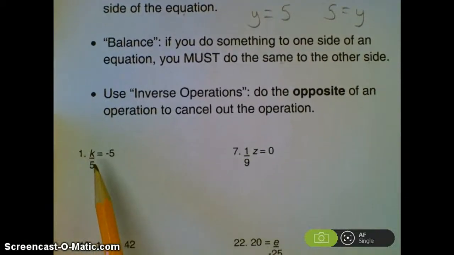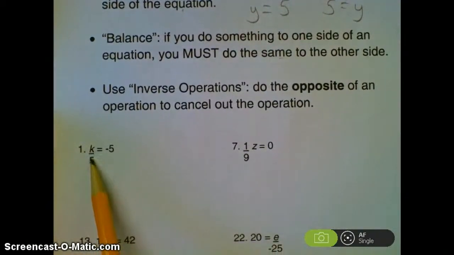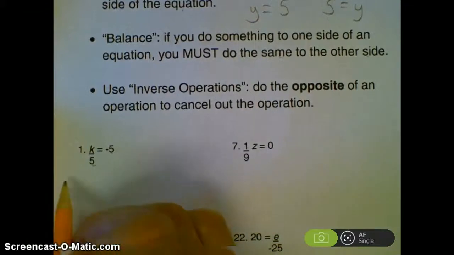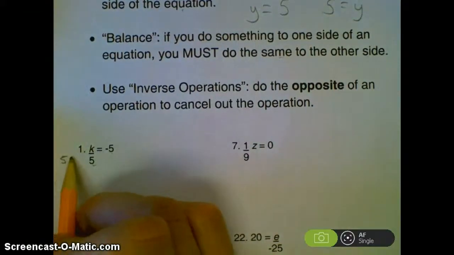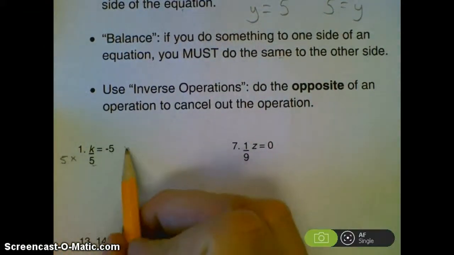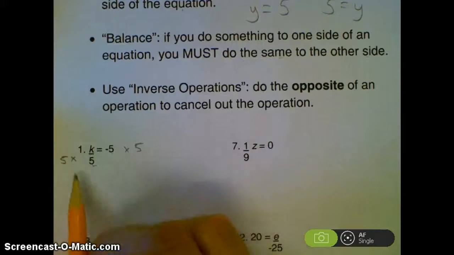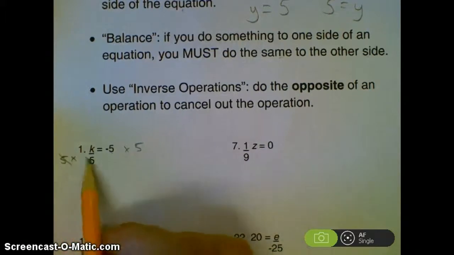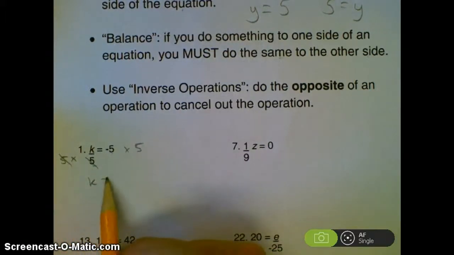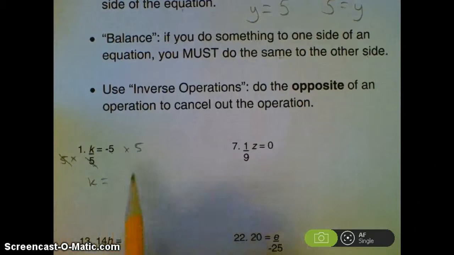Number one, this is k over 5, or k divided by 5 equals negative 5. Since this is k divided by 5, I want to do the opposite. I want to multiply by 5. So I'm going to multiply both sides by 5. 5 times 1/5 is 1, which means I've got k, like 1k, and negative 5 times 5 is negative 25.